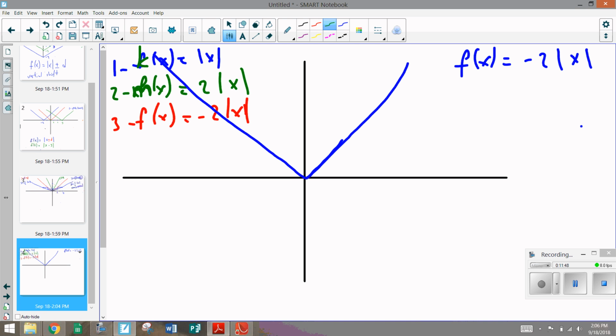How to make the slope 2? Rise 1 or 2? Rise 2, run 1. That's right. So basically it's going to be twice as much.